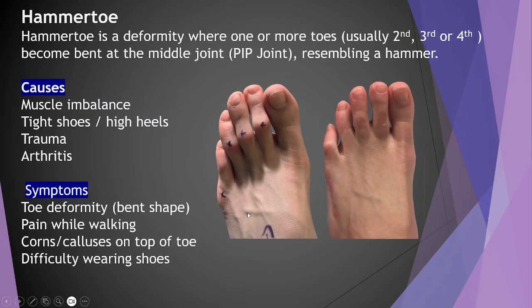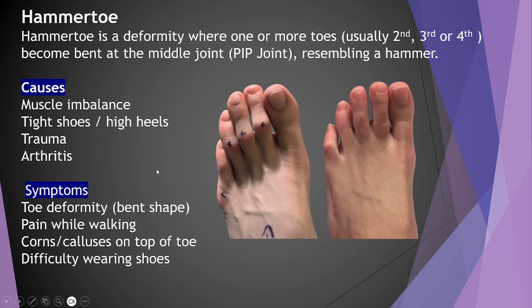What is hammertoe? Hammertoe is simply a condition or a deformity of one or more toes, usually the second, third and fourth, and it becomes bent at the middle joint, that is the PIP joint, resembling a hammer.